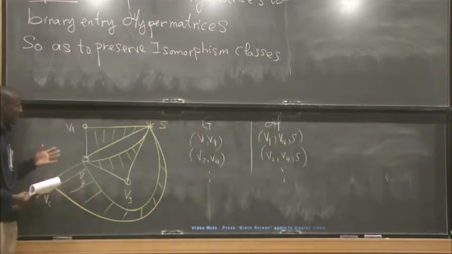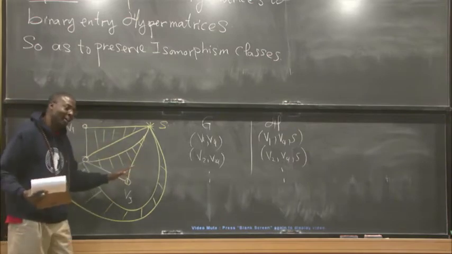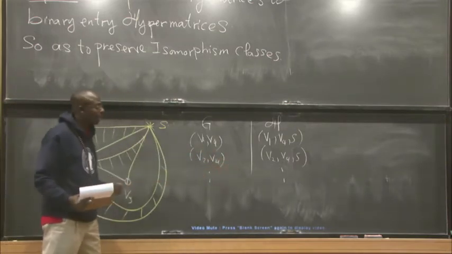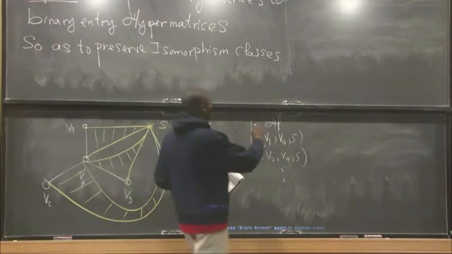So the argument is that if you had two graphs that were isomorphic, your hypergraphs would also be isomorphic. And the point is that to describe hypergraphs, it's convenient to use adjacency hypermatrices.